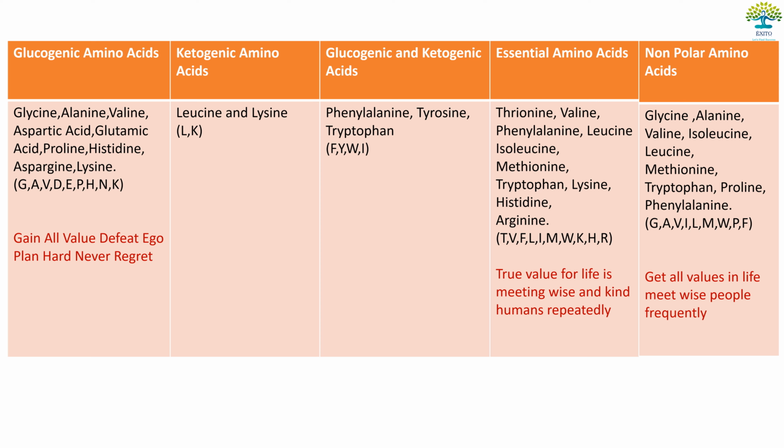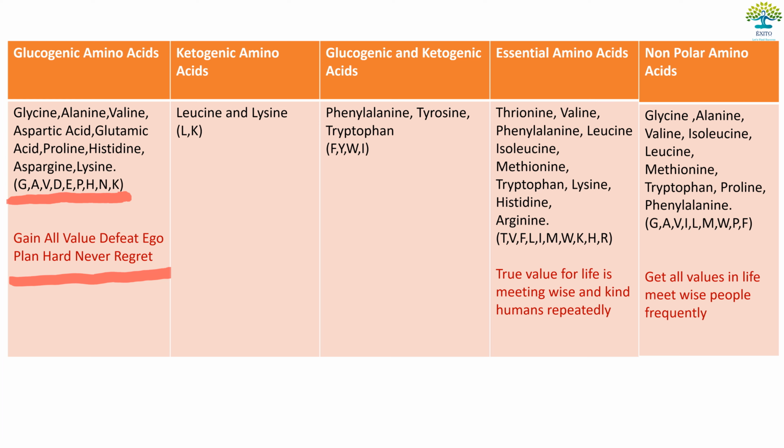Now, what is the meaning of the term glucogenic? It means glucose producing amino acids, amino acids that can produce glucose. You can see their short symbols and their full names: glycine, alanine, valine, aspartic acid, glutamic acid, proline, histidine, asparagine, lysine, etc. I have made a short trick to remember the glucogenic amino acids.